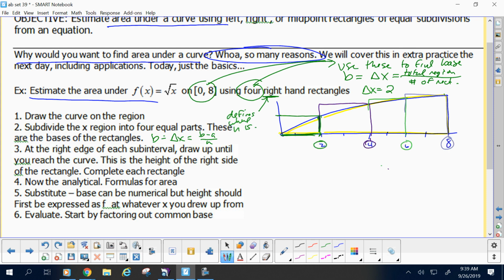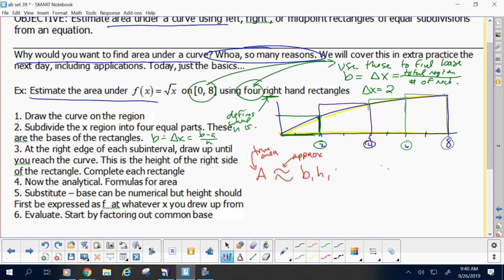And that's okay. Now, because it is an estimate, we need to say A, which represents the true area, is approximated by these 4 rectangles.